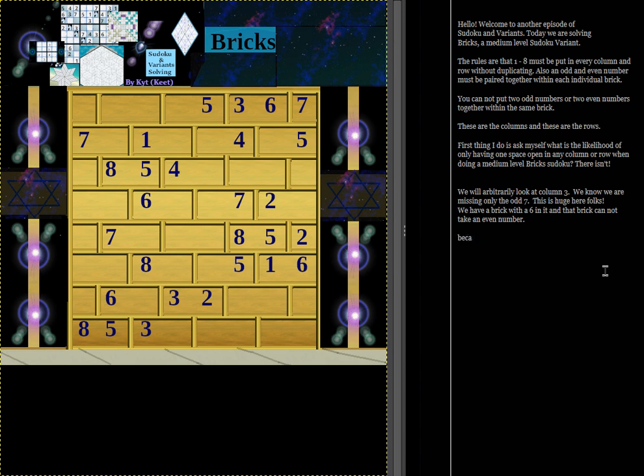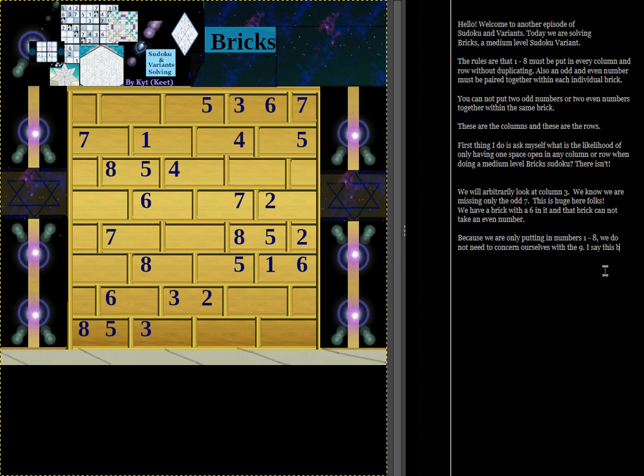And because we are only putting in numbers 1 through 8, we do not need to concern ourselves with the 9.